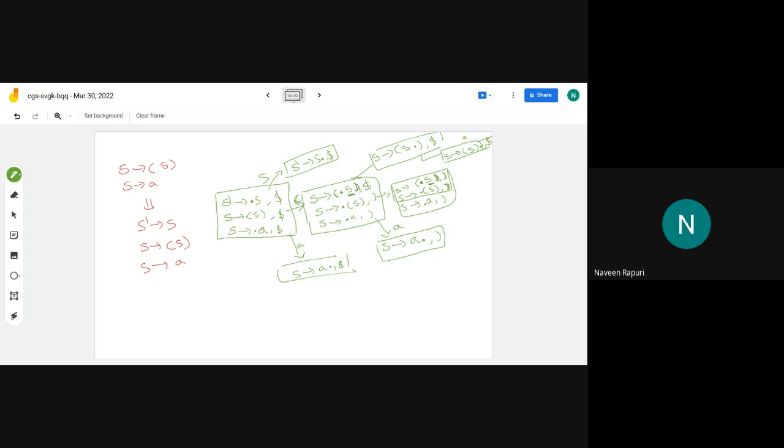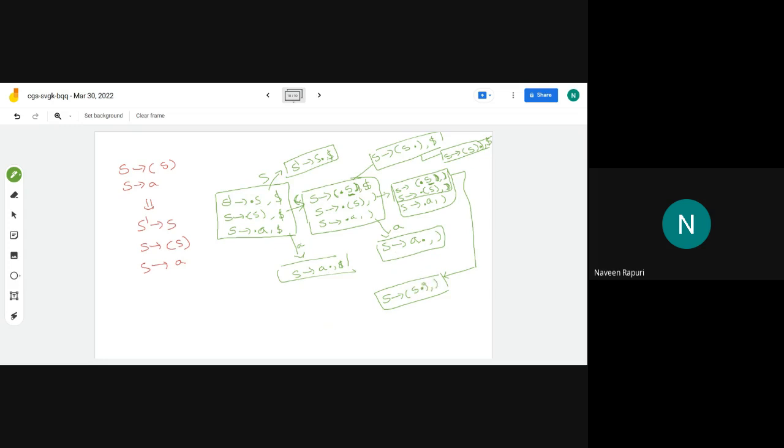Suppose if we see here, S dot, that's why we can write it as S derives open parenthesis S dot closed parenthesis comma closed parenthesis.